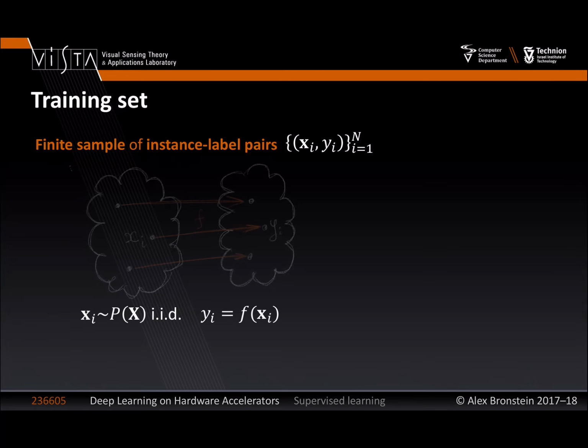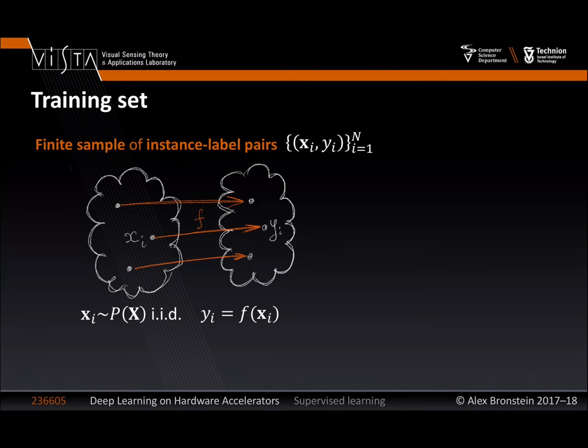Let's think in the deterministic setting. What we have is some sample of the instances. I'm sampling from the marginal distribution p(x), and let's assume that this sampling is IID. It is statistically independent. The samples are statistically independent and identically distributed.